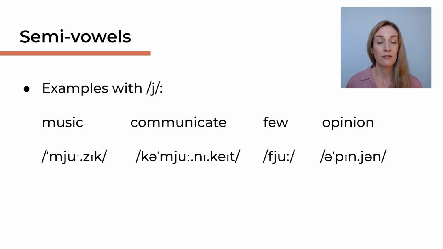Then we also have few and also opinion. These are quite interesting because in both of those words, the y is represented through very different letters. And I'm sure you know all these words, and you might not have been aware that they all contain the sound y. Music, communicate, few, and opinion.